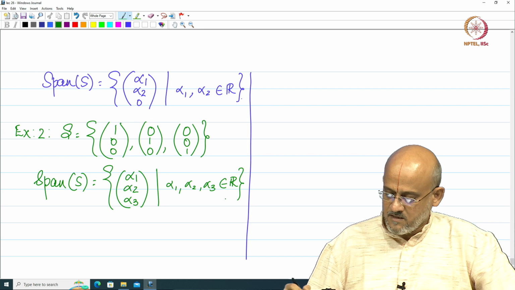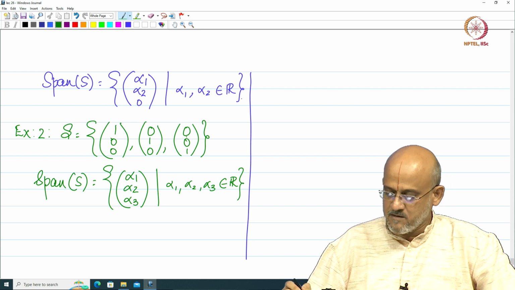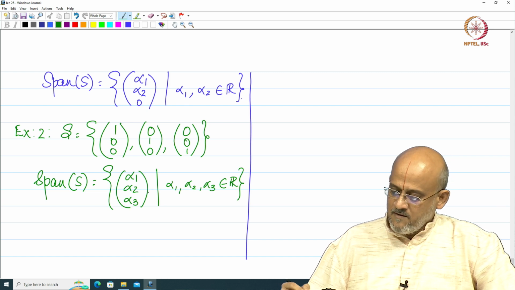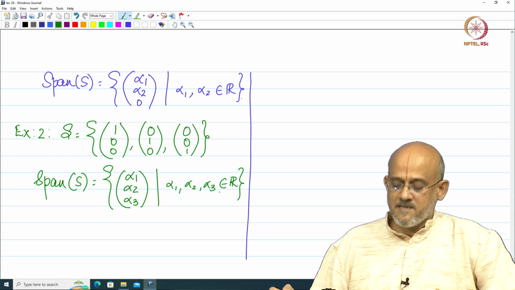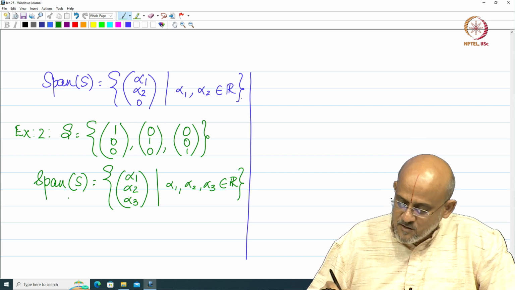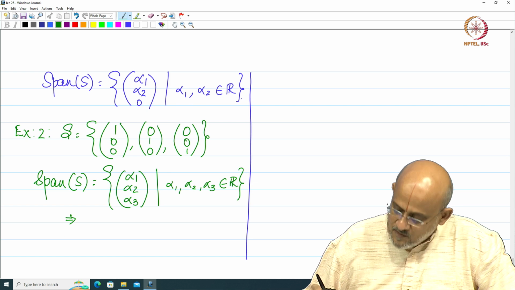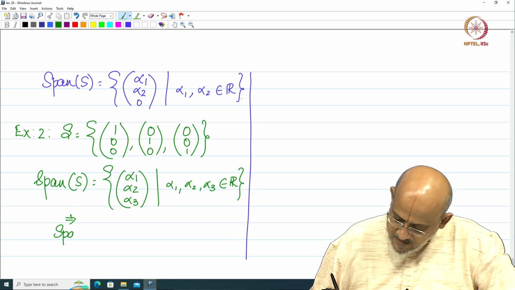How did we get this? We basically took alpha 1 into 1 0 0 plus alpha 2 into 0 1 0 plus alpha 3 into 0 0 1. So, you got alpha 1, alpha 2, alpha 3 for all values, where all alpha i are real. Now, what does that mean? The span of S is going to be the entire R3. So, this implies we are going to get all the vectors in R3. I am going to say span of S is entire R3.